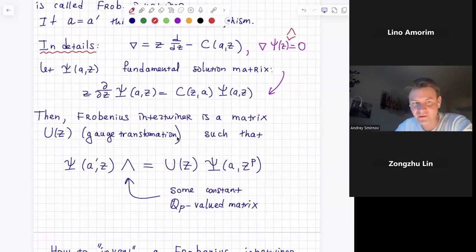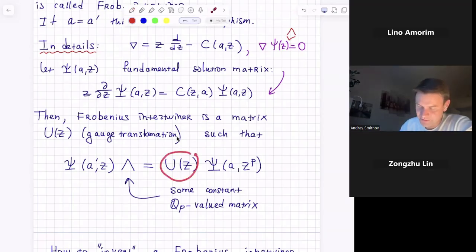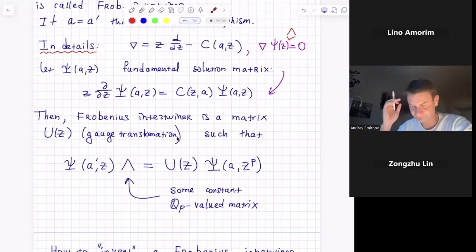It just gives you another fundamental solution matrix. So this equation says that this gauge transformation identifies fundamental solution matrices up to a possible change of basis in your space. And this is some constant p-adically valued matrix.